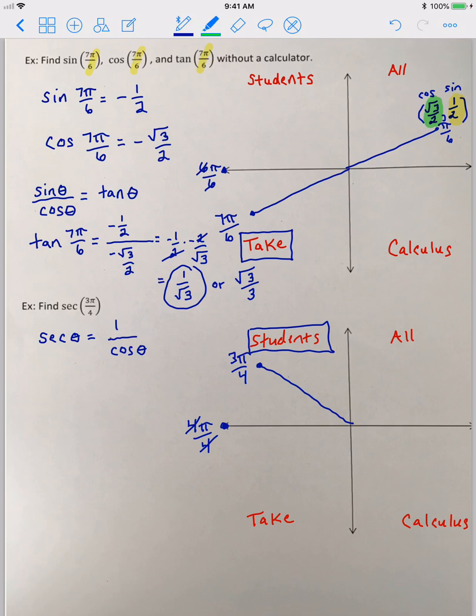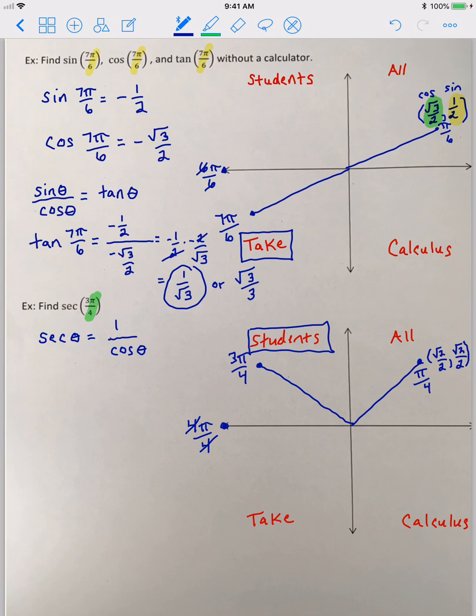Next step is to look at the reference angle. This is a pi over 4 reference angle. And we know that the pi over 4 ordered pair is root 2 over 2, comma root 2 over 2. So both the sine and the cosine are root 2 over 2 for pi over 4.